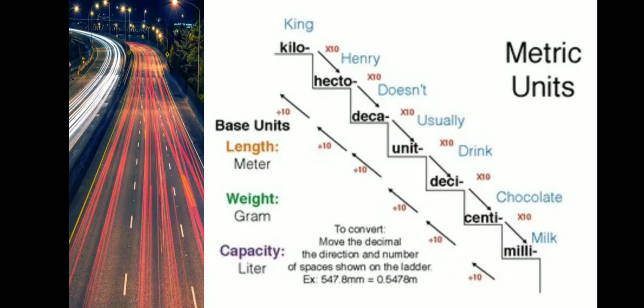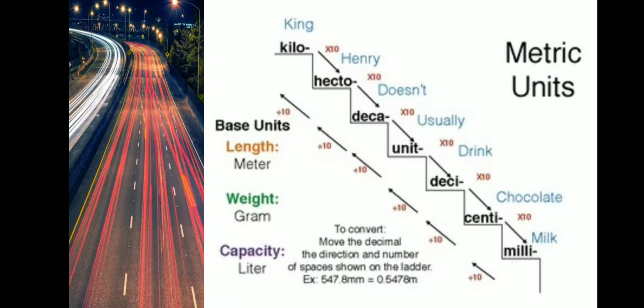Now there is a method to use this metric table. When we go from greater unit to smaller unit, we multiply by tens, interval of tens. And when we convert smaller unit to greater unit, we divide by multiples of 10.